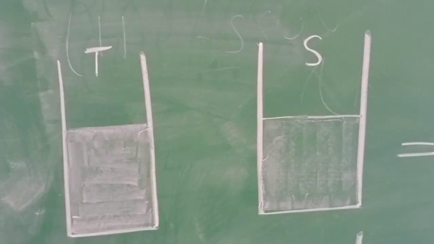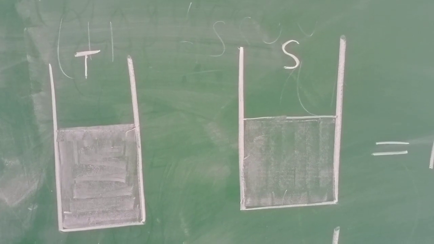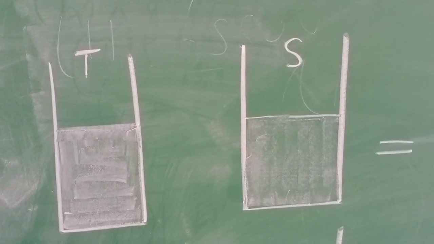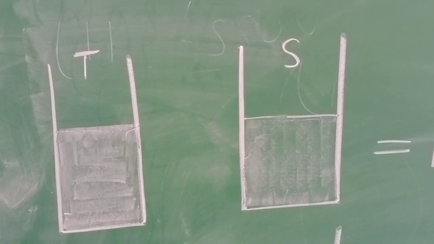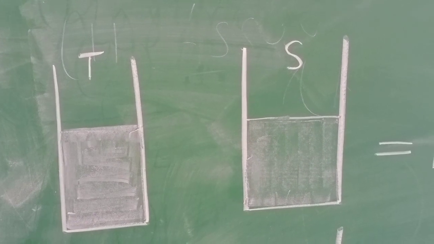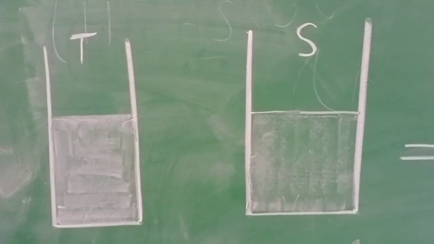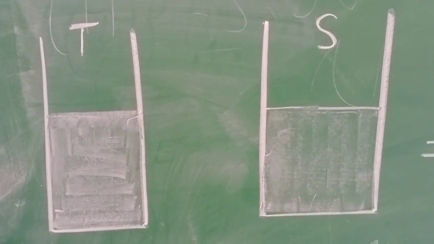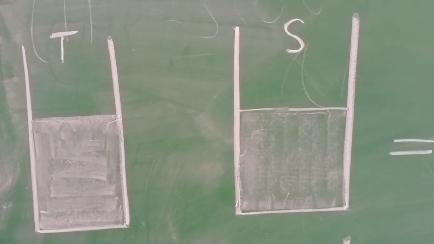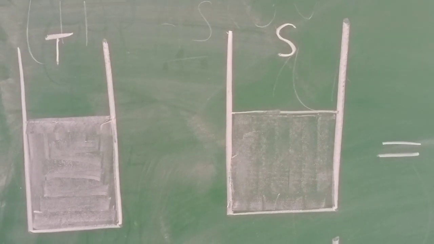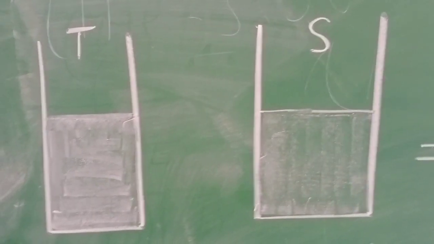So here we can see that both the solutions, the test solution and the standard solution, have turbidity, and the turbidity produced by the test solution is more intense than the turbidity produced by the standard solution, which is having a known quantity of impurity based turbidity or opalescence.